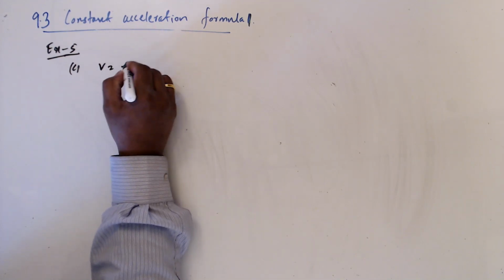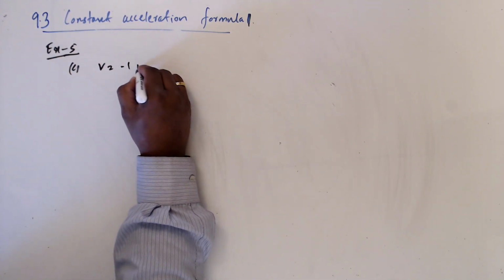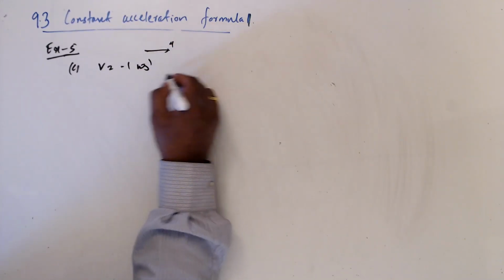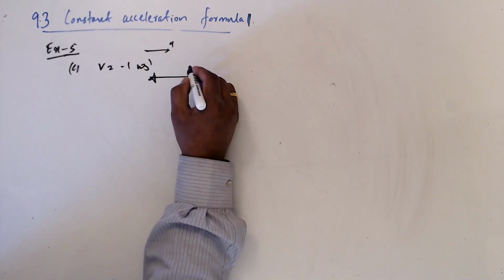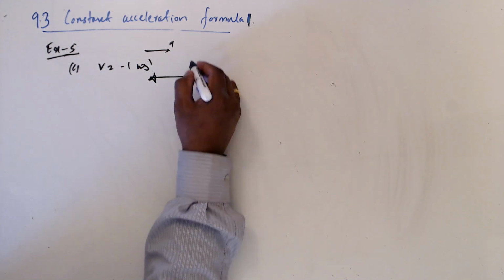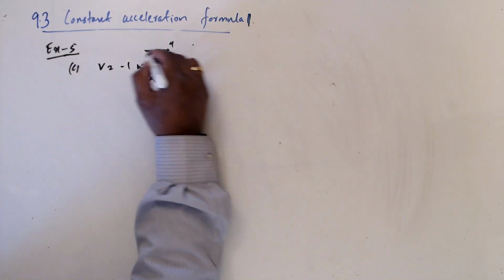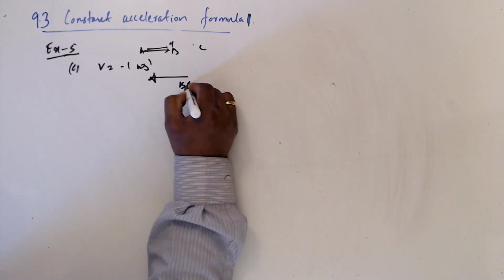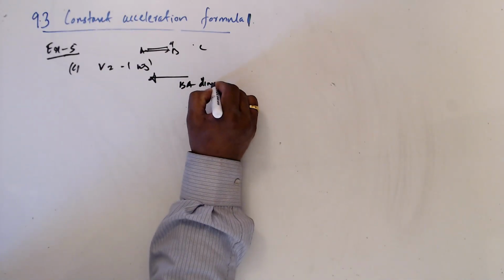V is minus 1 m/s, meaning it is going the other way around. If AB is the positive direction, now it is in the BA direction.